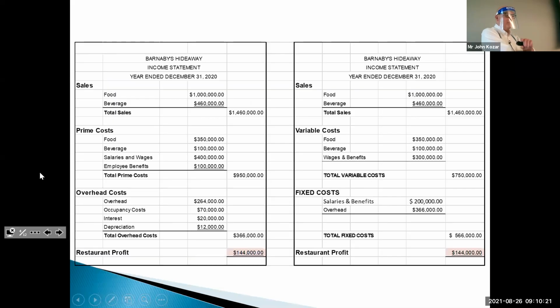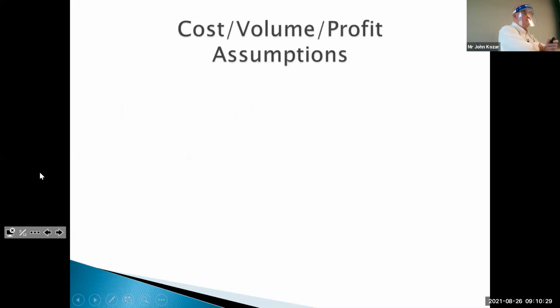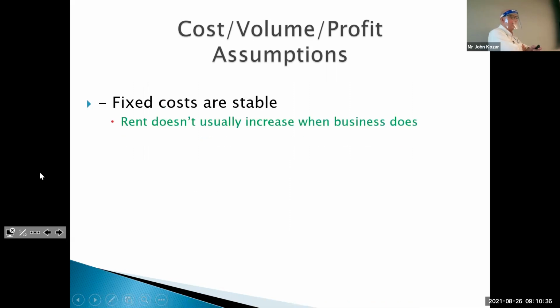Okay. So these are the same sheets that you have in your handouts. They don't have all the lines and circles. So here are the assumptions that we're making. Okay. So fixed costs are going to be stable. That's part of our definition of fixed costs.